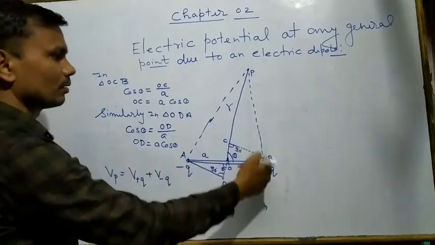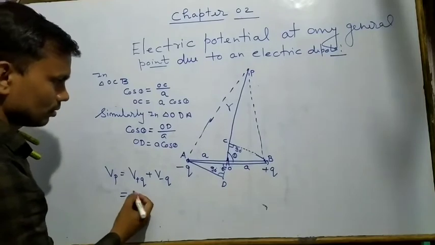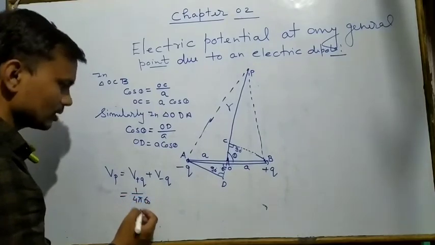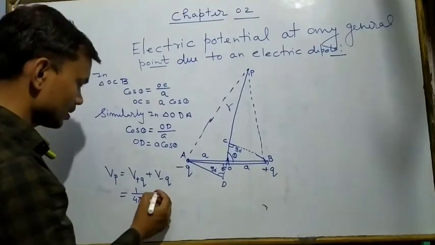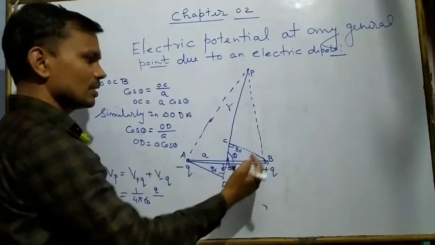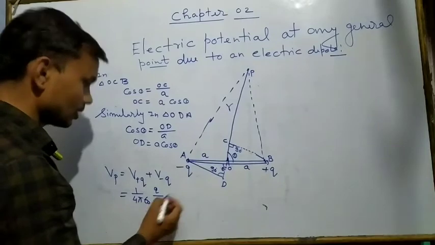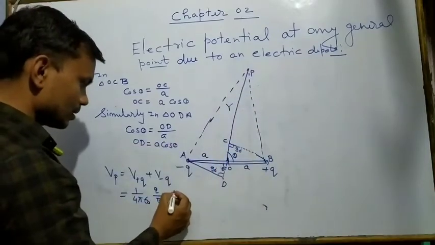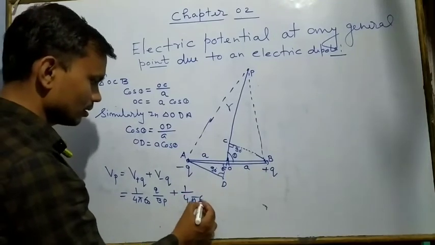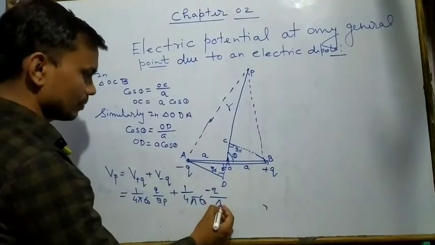At point P, the potential due to plus Q is 1 upon 4 pi epsilon naught, times charge plus Q, over the distance BP. Plus, with the help of minus Q charge, 1 upon 4 pi epsilon naught, charge minus Q, over the distance AP.